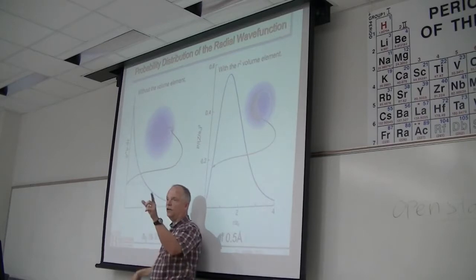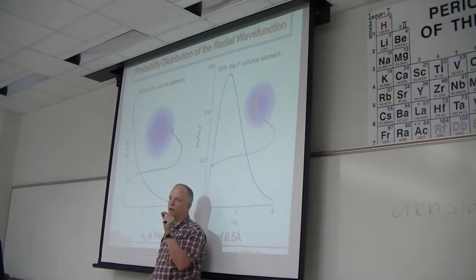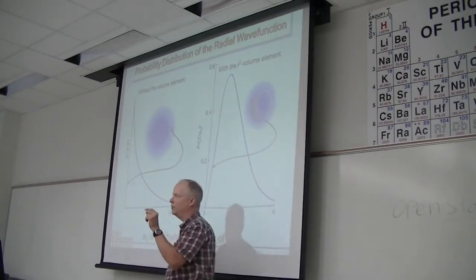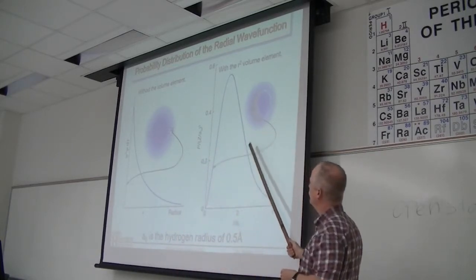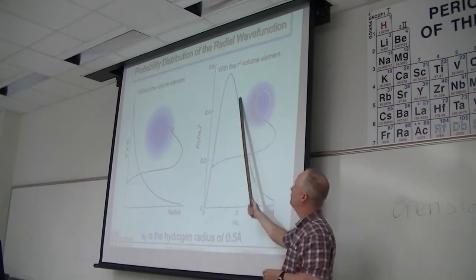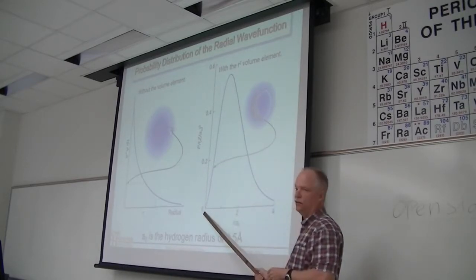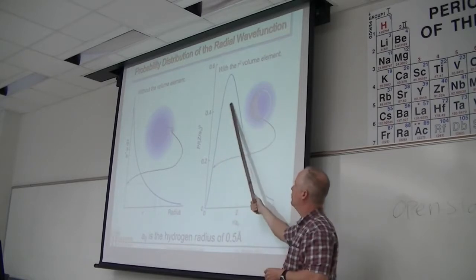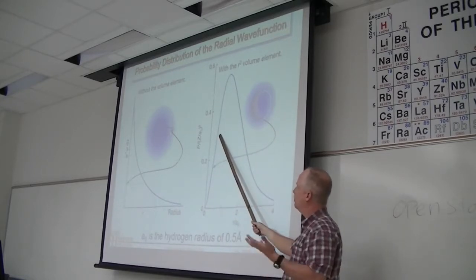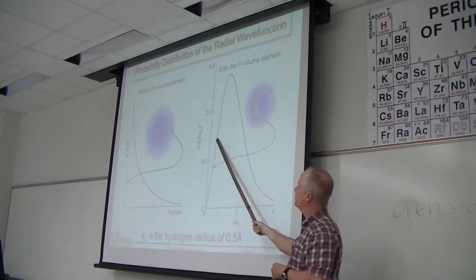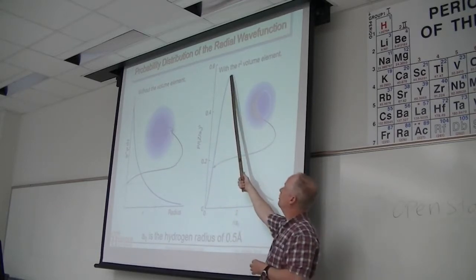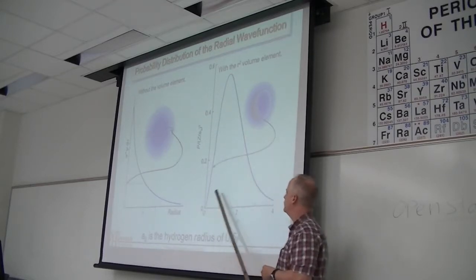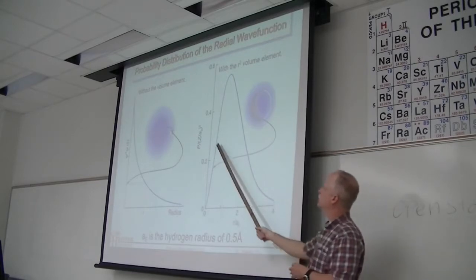But you need to take into account the volume element, which decreases as r squared. When you do, the wave function goes back down to 0 at the nucleus. This is the wave function for a 1s orbital, and you see that there's a most probable distance from the nucleus. It's 0 at the nucleus and 0 at infinity.